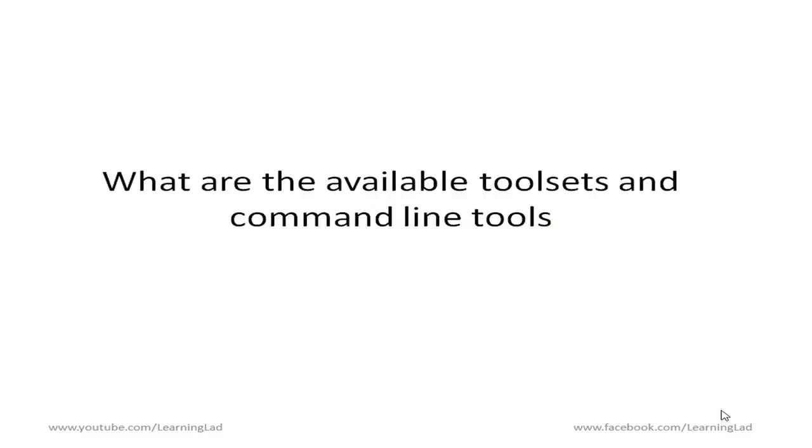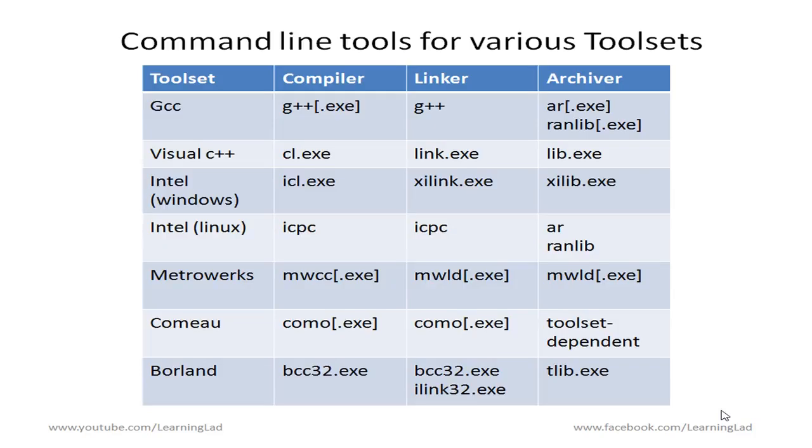Okay, now we know how C++ works, or the procedure to get the application or the executable from a C++ source file. What are the available toolsets and command line tools that we can use to do that? So the command line tools for various toolsets are: if you select the GCC toolset, then you'll get the g++ compiler, the g++ linker, and also the ar or ranlib archiver.